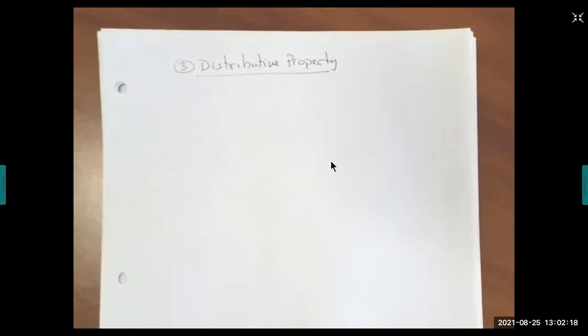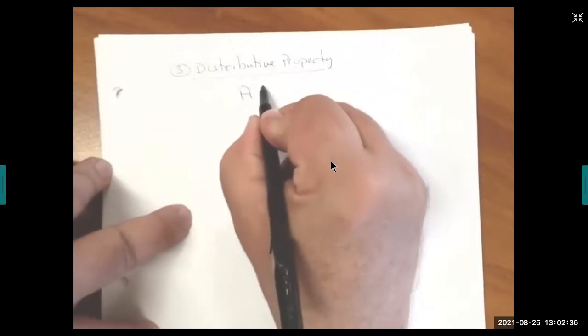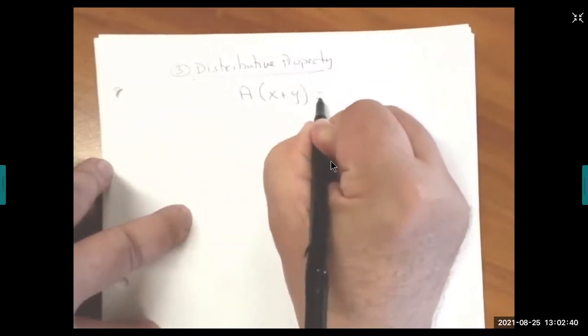This one's important because it combines both the multiplication and the addition at one time. So it takes care of two things with one swipe of the brush. A times (X plus Y).